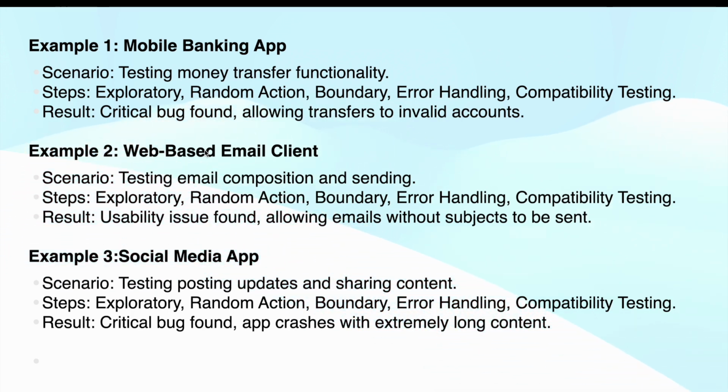First step, you compose an email with a large attachment and try to send it to multiple recipients. While composing the email, you randomly click on formatting options like bold, italic, etc. to see if they work correctly.